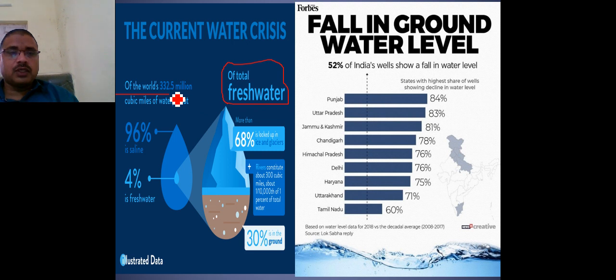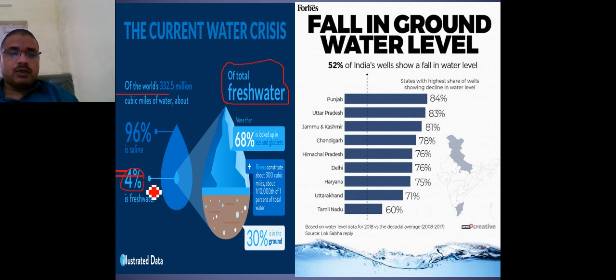Now 96% is saline water, whereas 4% is fresh water. That means total availability of water is 100%, out of which 96% is not drinkable, but only 4% of water is drinkable.